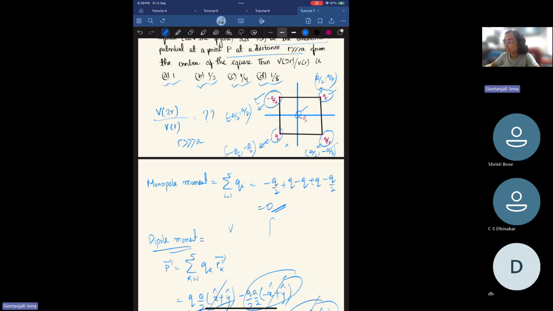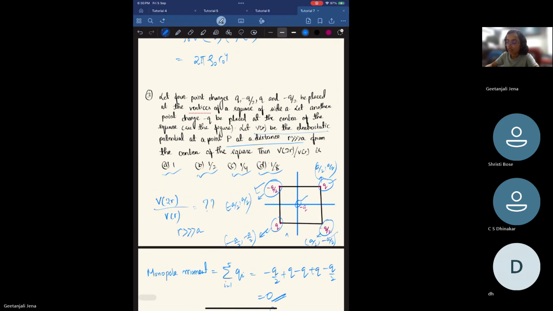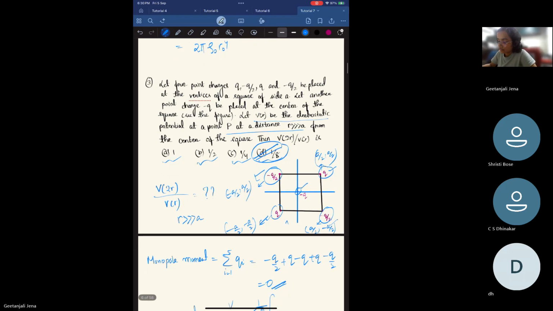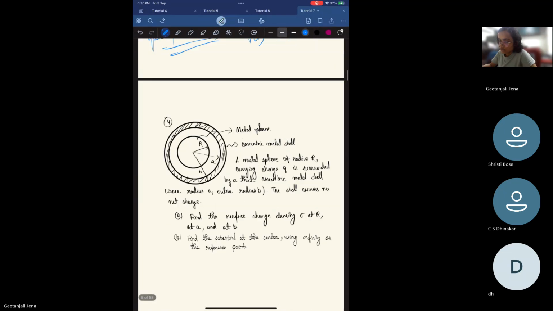But whatever is within the integral of quadrupole moment, this all depends on R prime, not R. So that is why only R to the power 3 will dominate, not R to the power 5. So that is why the answer for this case will be 1 by 8. Okay. So is this clear?